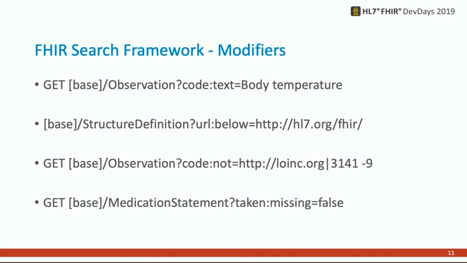That is a highly important limitation of the search framework. So you could not say, give me all patients where the name is not. That's not possible. So only for coded elements. So all observations which do not have a code which is the following.